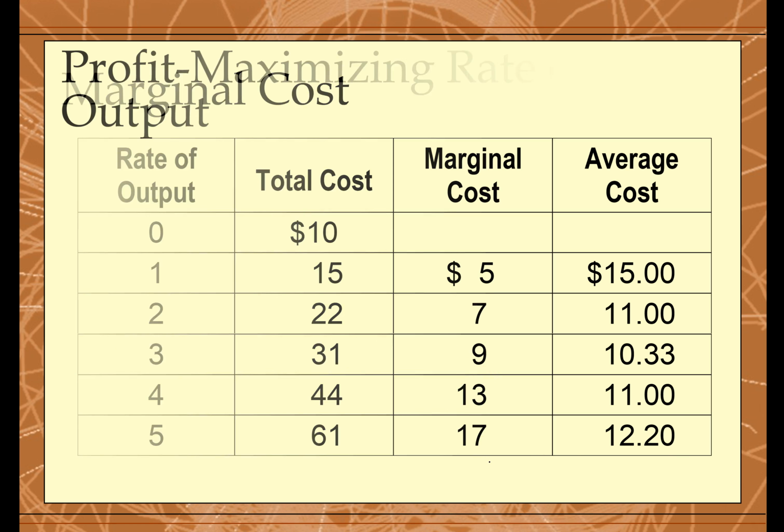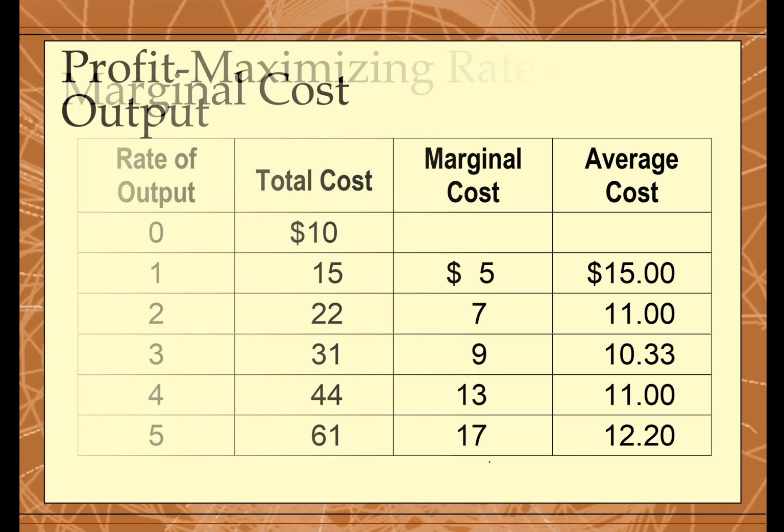According to the profit maximization rule, a firm should produce a rate of output where marginal revenue equals marginal cost, because if you exceed that, profits will fall. If you produce less than that, profits will fall. So let's take a look at that. When you look at price, also think MR, because price and MR are equal.